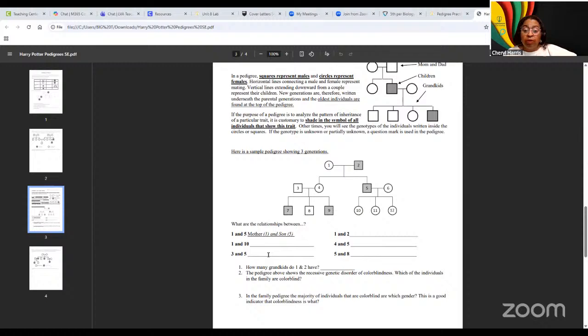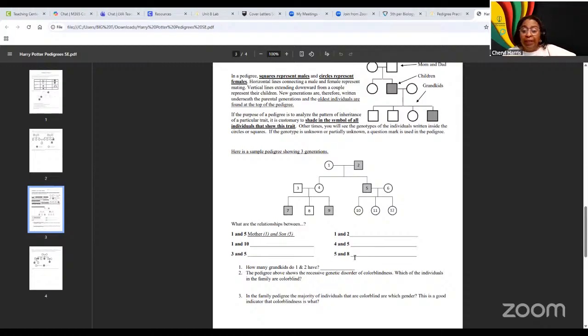So they are brothers. Were there squares? Both are squares. They are brothers-in-law. 1 and 2, mom and dad. 4 and 5 are the offspring of 1 and 2. Okay, that's the daughter and son from 1 and 2.